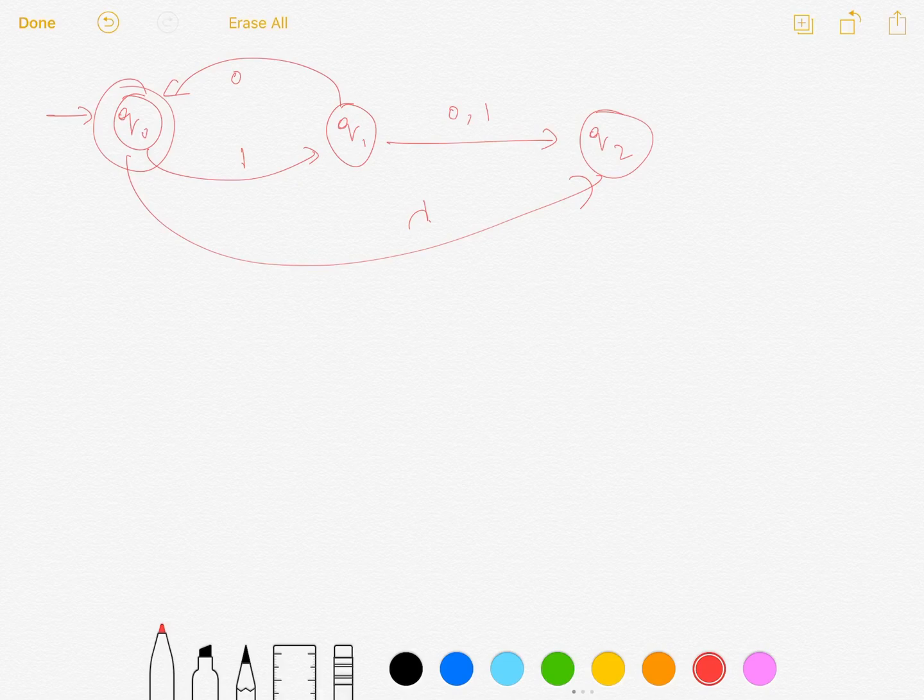Now, in these cases, what type of question may come? If I give another example to you, it may be clearer.